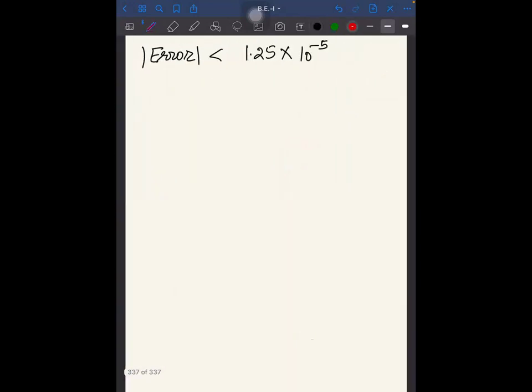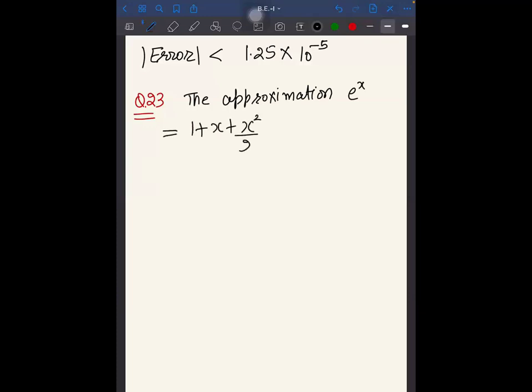So let's come to question number 23. The approximation e raised to x equal to 1 plus x plus x square by 2 factorial is used when x is small.